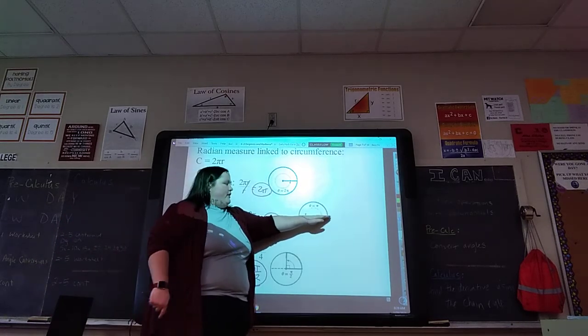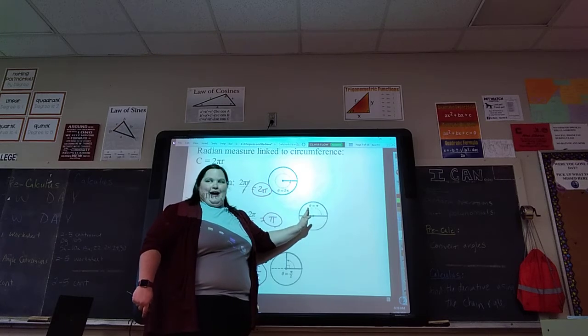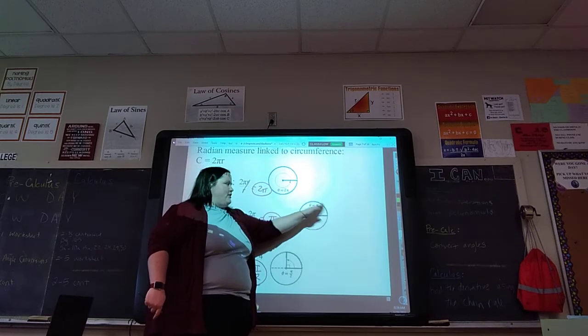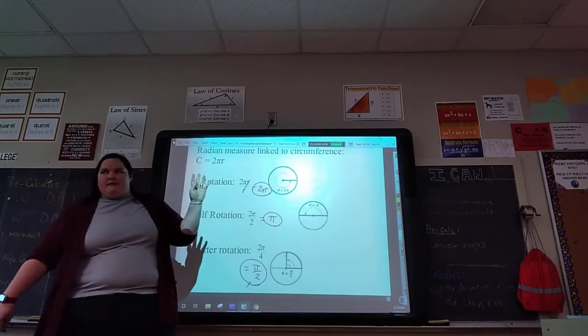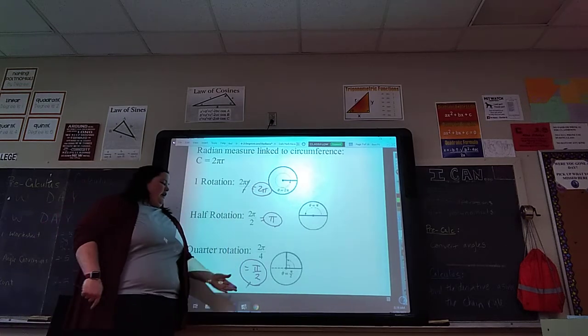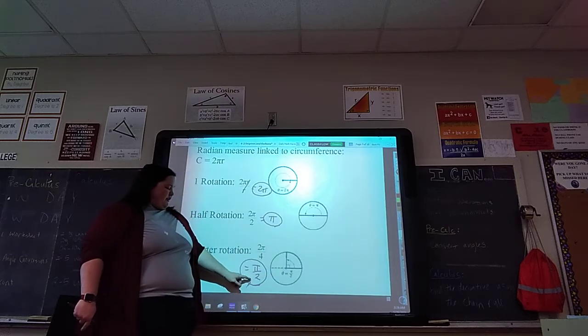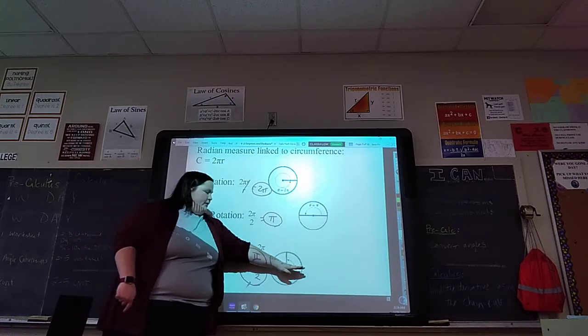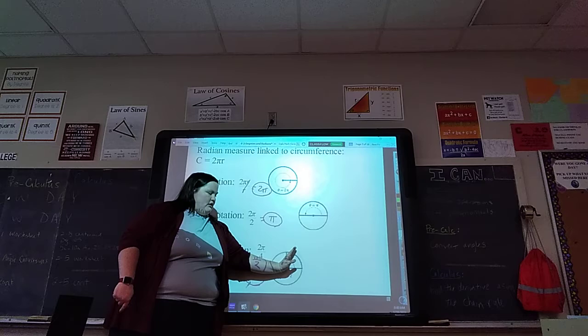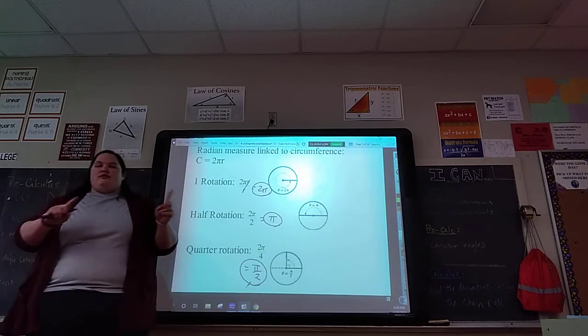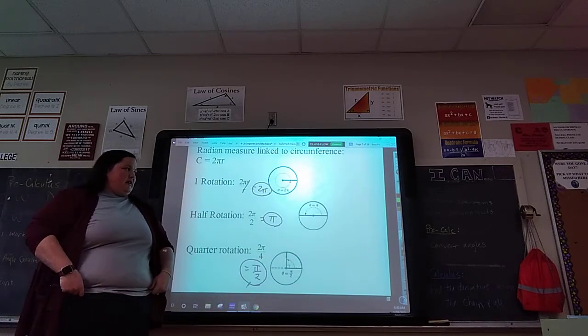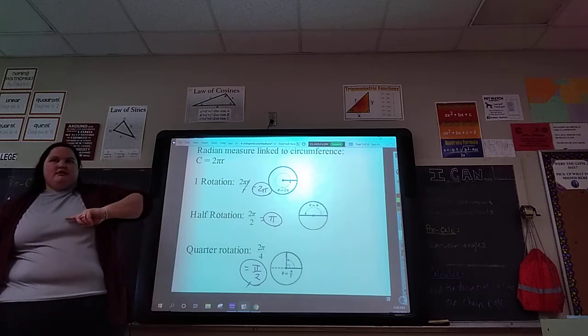We now know that half a circle is pi, and we're talking about radians. What's half a circle in degrees? 180. And then with this one, we know that a quarter of a circle is now pi over 2. What would this rotation be? 90. Okay. So those 3 values can always be linked between radian measurements and degrees.